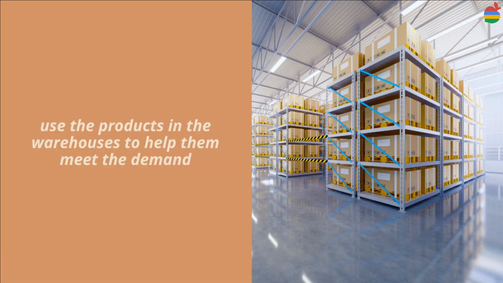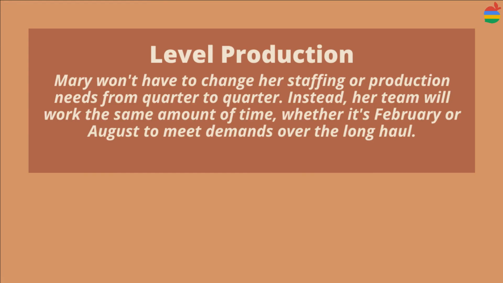But when a busy season approaches, they'll be able to use the products in the warehouse to help them meet demand. Level production means that Mary wouldn't have to change her staffing or production needs from quarter to quarter. Instead, her team will work the same amount of time, whether it's February or August, to meet demand over the long haul.